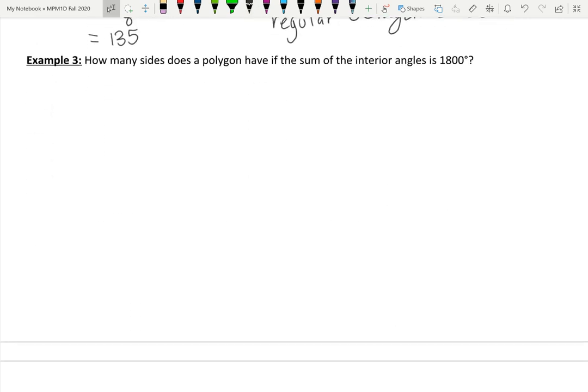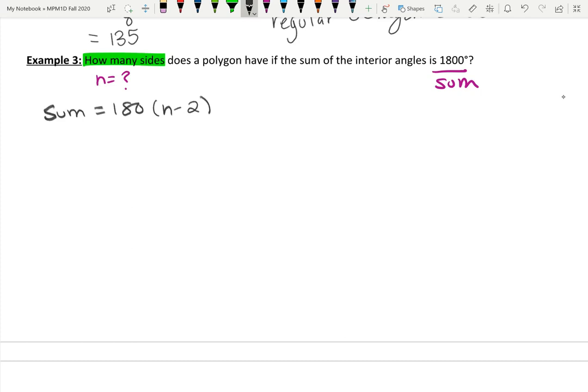How many sides does a polygon have if the sum of the interior angles is 1,800? So how many sides? We're trying to find n. Okay, so now we're given the sum. So instead of substituting in my formula for n, this time we're going to substitute the value that we are given in the question in for sum. We have to find n.